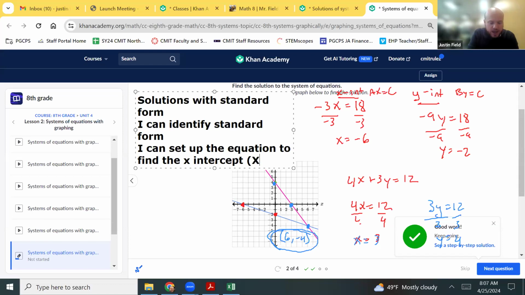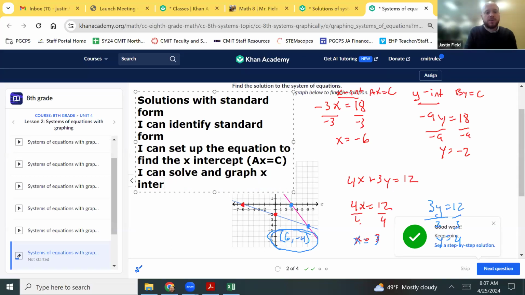So that would be ax equals c. The first term you see is the ax, and the number on the right side of the equal sign is c. You just put those two things equal. I can solve and graph the intercept.